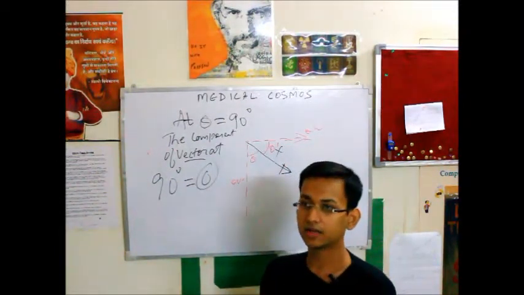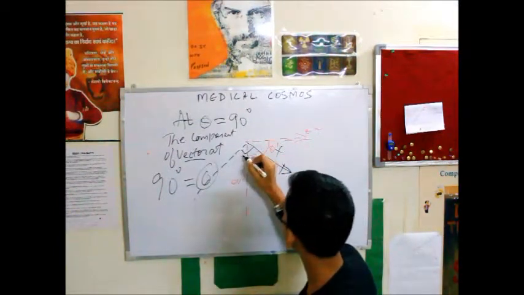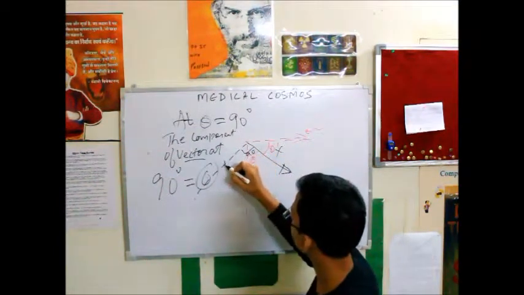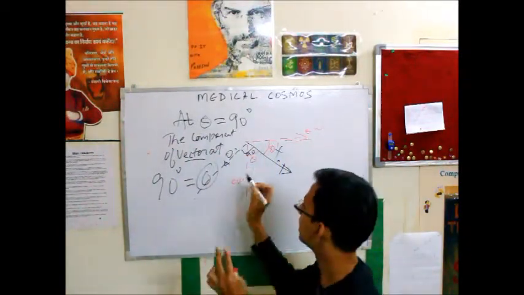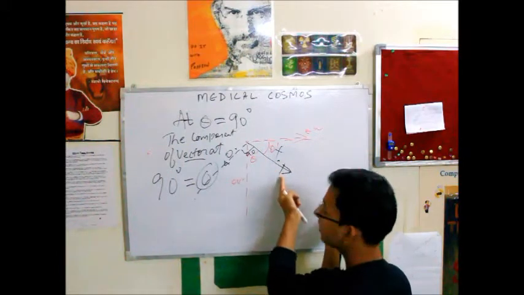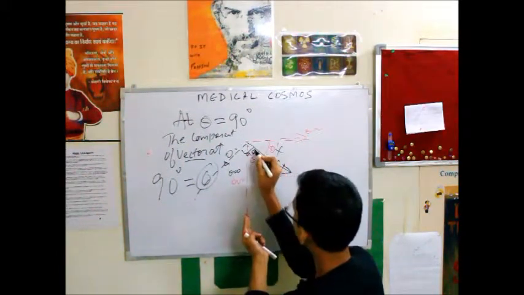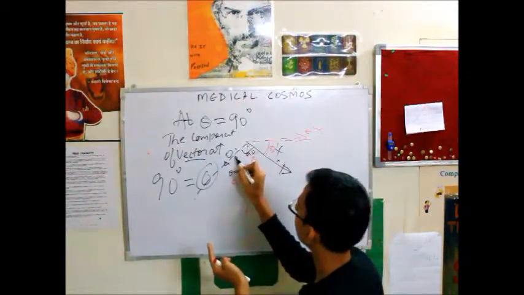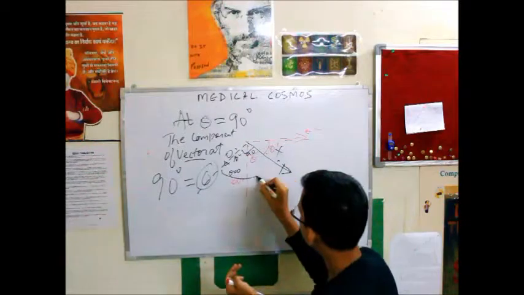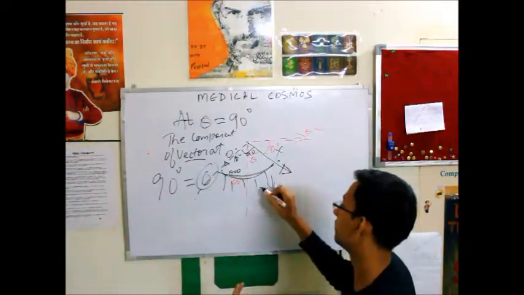The net reflection on that part, where we have 90 degrees, gives a 0 component. It means we will get the vector shadow between theta equals 0 degrees and the 90 degree vector.